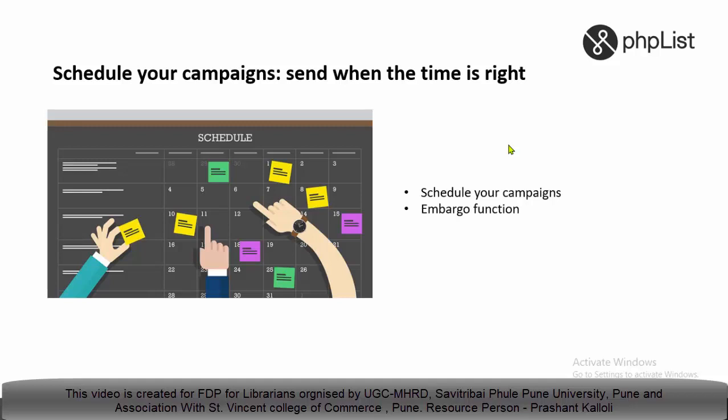If our emails are time sensitive, we can use an embargo or stop sending on schedule. We can make a schedule of the date from which we start sending emails and the date until which we send them. Such a schedule is not possible in a general email account.